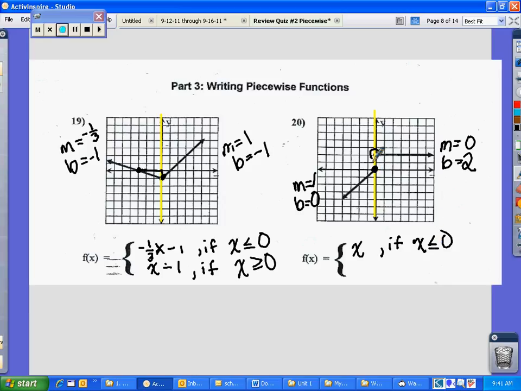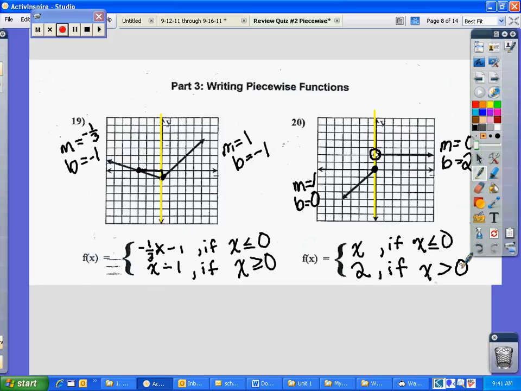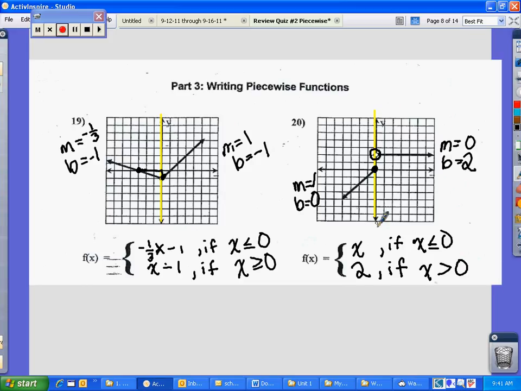This is going to be an open dot. So my equation is going to be 0x plus 2 or just 2 if x is greater than 0. So again, this value here comes from wherever your boundary line is that separates the two pieces. Questions?